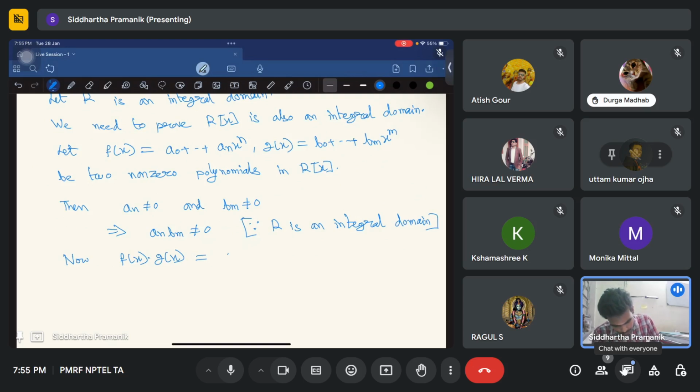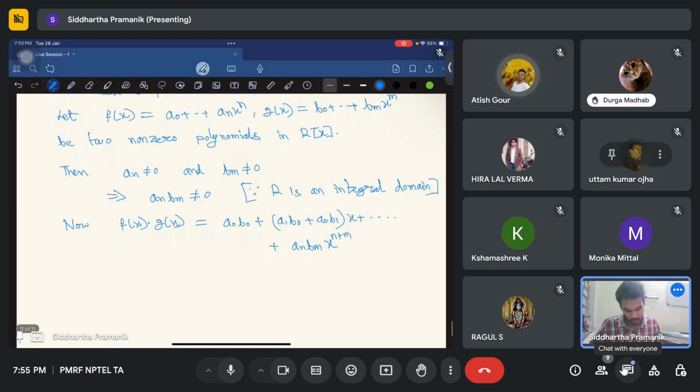This is basically a0 b0 plus (a1 b0 plus a0 b1) times x, plus degree 2 terms, and ultimately the last term is an bm times x power n plus m.